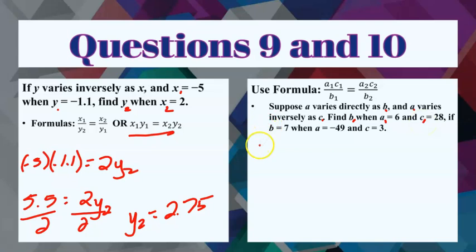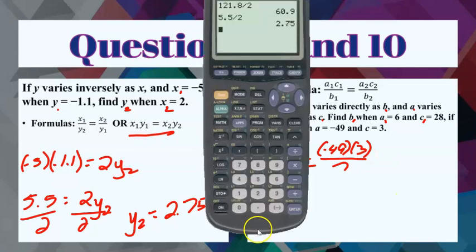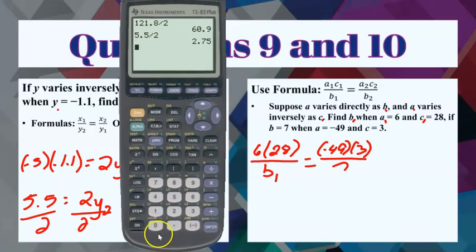Here, we need to find b subscript 1 when a subscript 1 is 6 and c subscript 1 is 28. So I'm going to have 6 times 28 divided by b subscript 1, which I don't know. This is going to equal, a is -49 times my c, which is 3. We're going to divide all that by 7. So the quick way of doing this one after you have it all set up is just put it into your calculator. 6 times 28 equals 168.